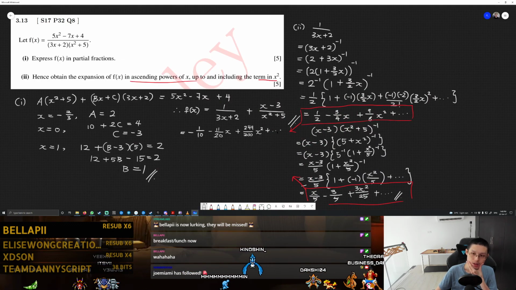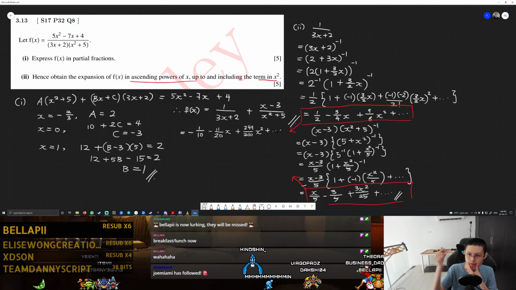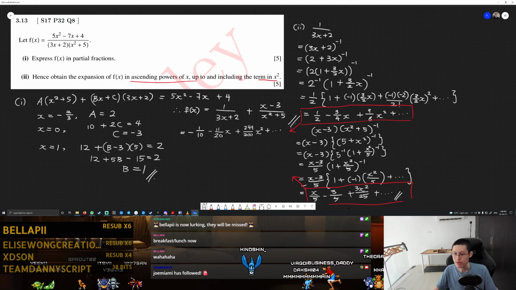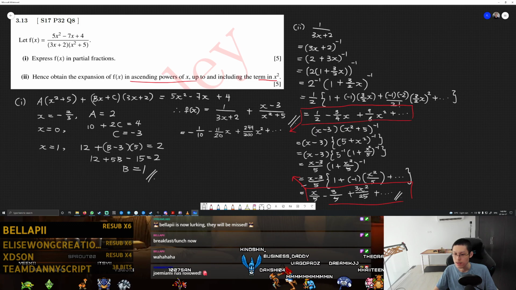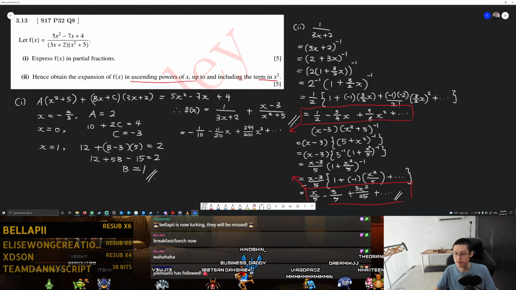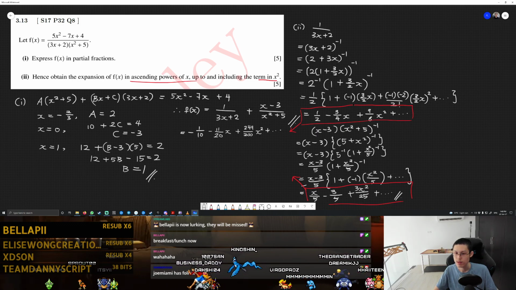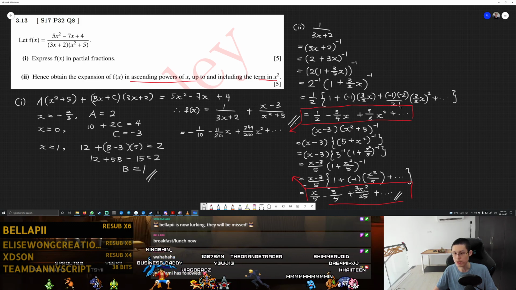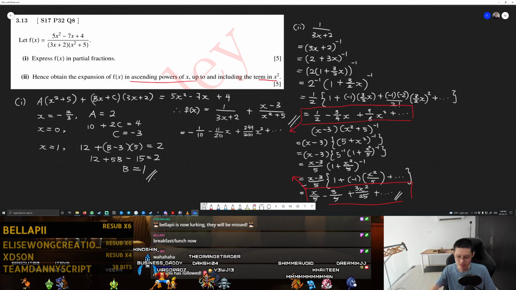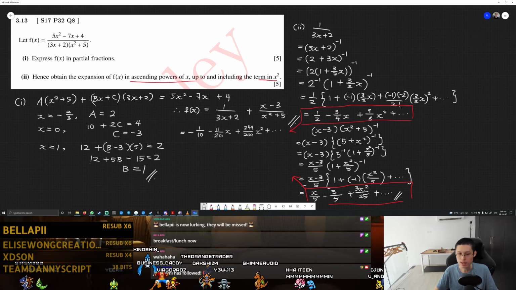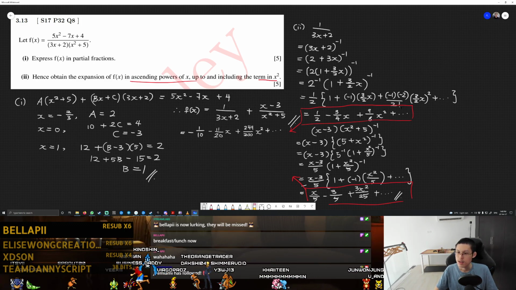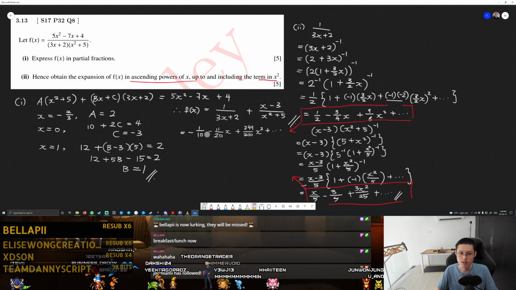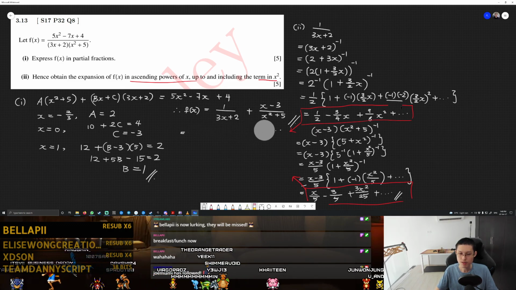Why did I mess up? Oh! I think I forgot to divide by... Wait a minute. Oh, this should be divided by 2 factorial. This should be divided by 3 factorial. Oops, my bad. Let's get rid of this.